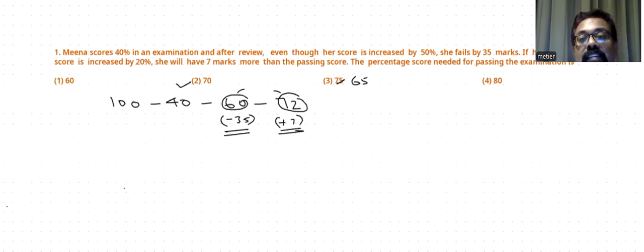So our answer will be closer to 72, not closer to 60. So again, you can easily mark 70. Single option, in actual CAT, we are lucky. If it is not a single option, you are also lucky, because 2 options will be there. If 2 options are there like this, one will be closer to 60, another will be closer to 72. From the given data, you are getting the idea which one should be your answer.